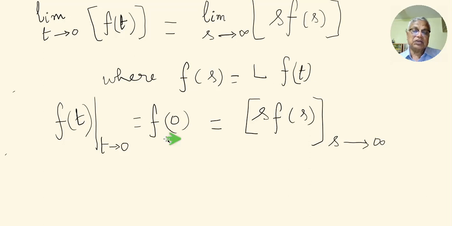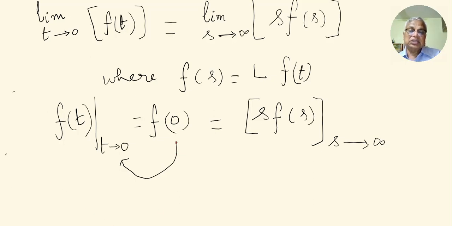Normally, how do you find the initial value of a function? By putting t equal to 0 in f of t. So you should have f of t, and then put t equal to 0.